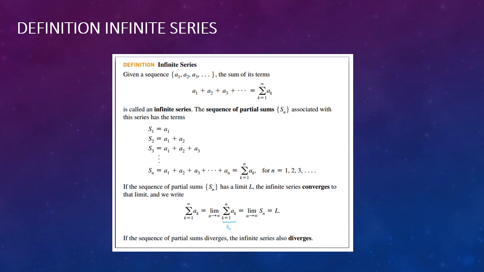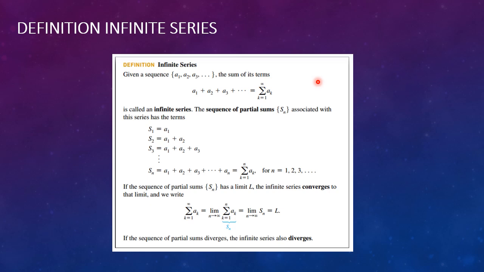This brings us to the definition of an infinite series. Given a sequence a sub 1, a sub 2, a sub 3, etc., the sum of its terms, a sub 1 plus a sub 2 plus a sub 3 plus ..., equals the sum from k equals 1 to infinity of a sub k. This is called an infinite series.